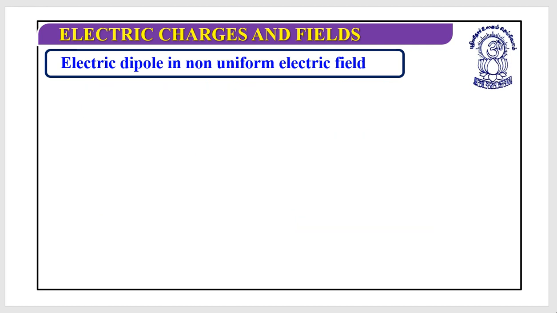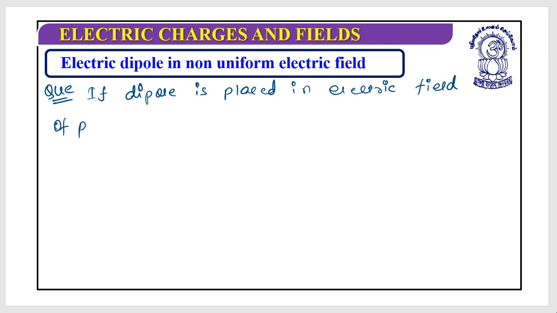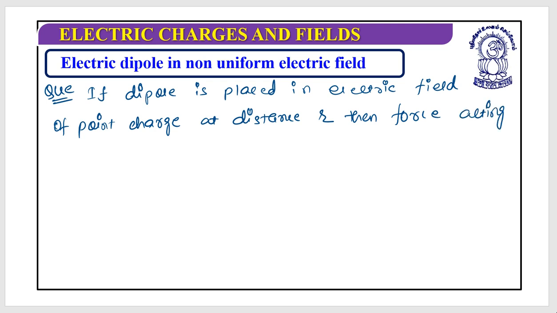Let's look at this. Go through the question. Now, if a dipole is placed in the electric field of a point charge at distance r, then the force acting is F Newton.